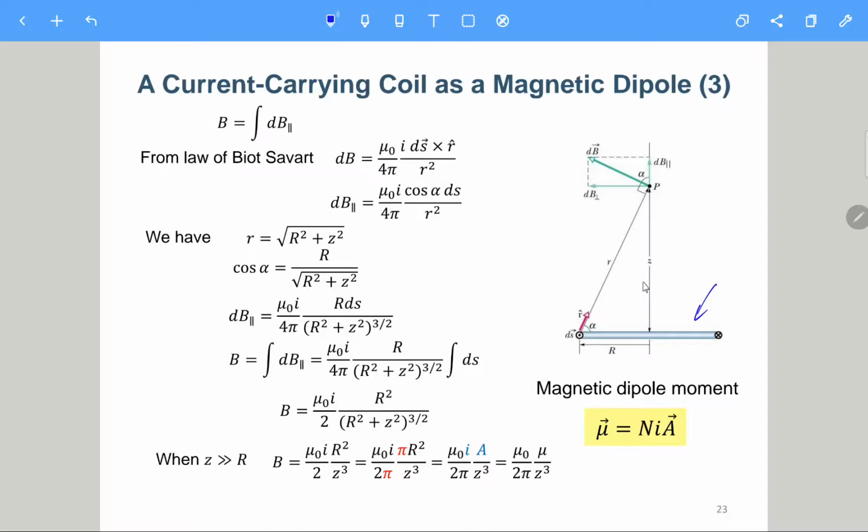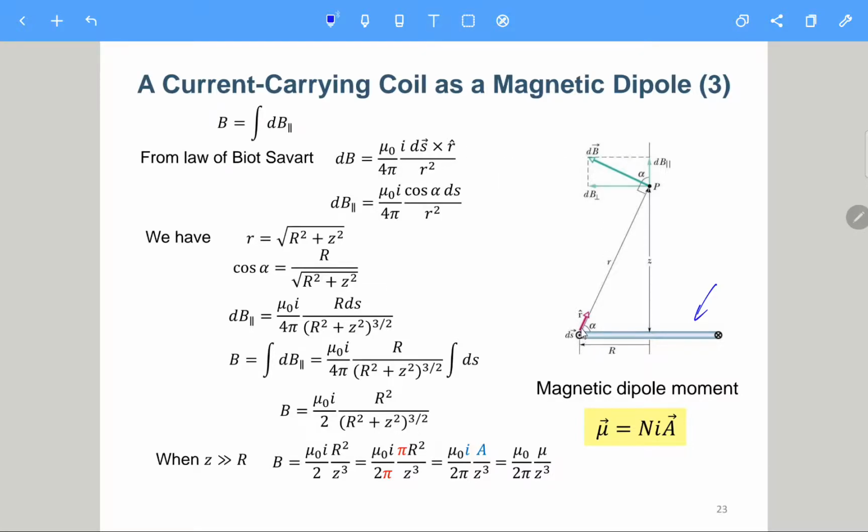Okay, so before we do the integration, we know that dB is this expression, mu0 over 4 pi I times ds cross r hat over r squared. First, we consider the direction of the dB.